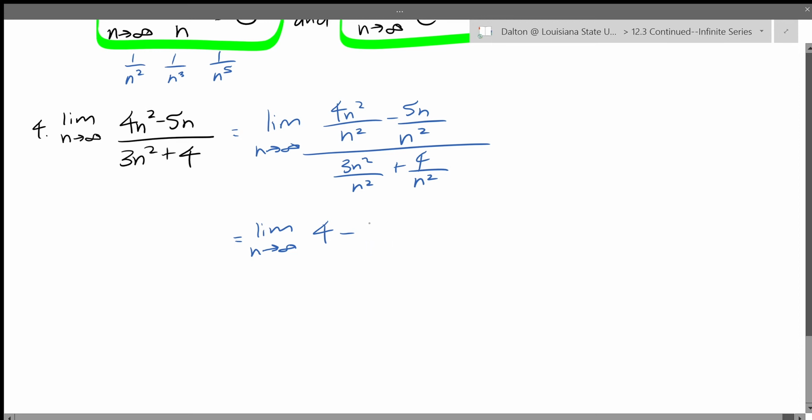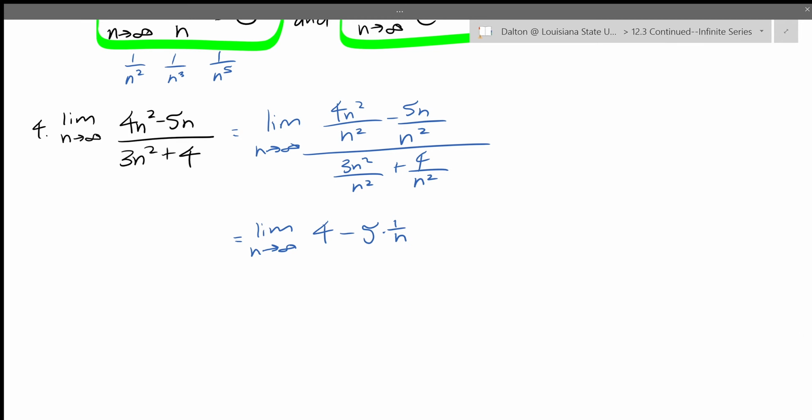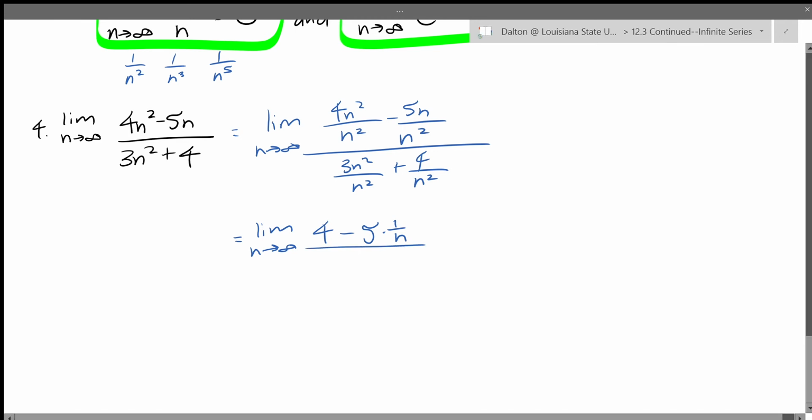Write this as 5 times 1 over n, because that's the constant, and that's the 1 over n value that we need, because we know the limits of those. All divided by 3n squared over n squared is just 3, plus, again, 4 over n squared, we should write as 4 times 1 over n squared.